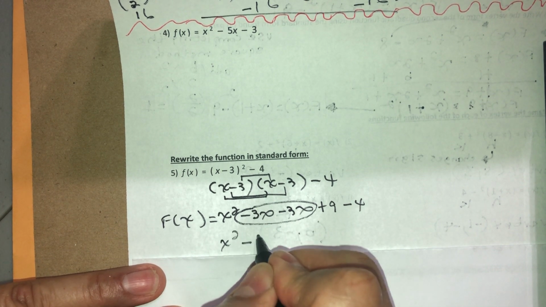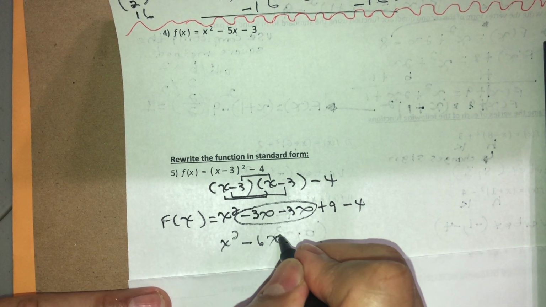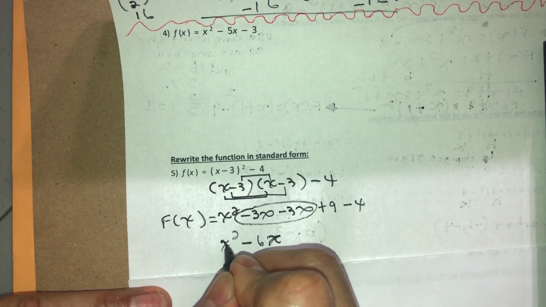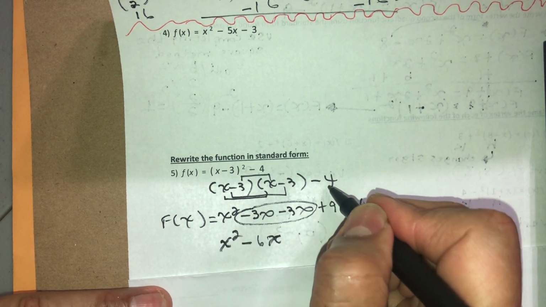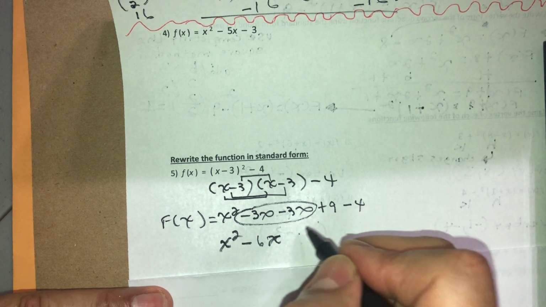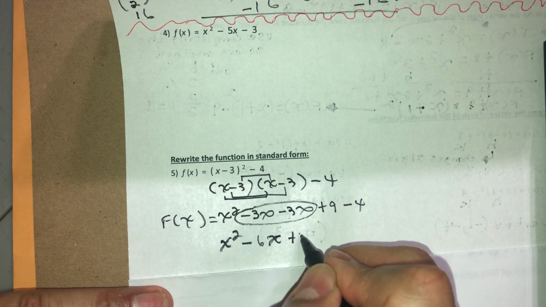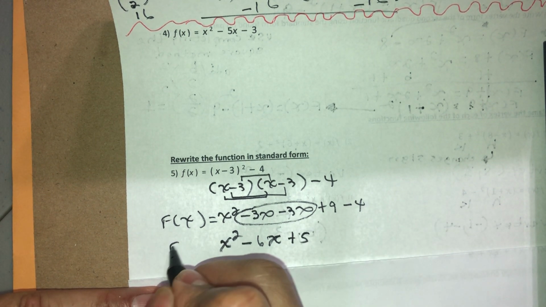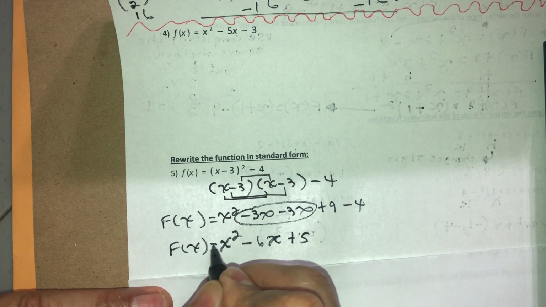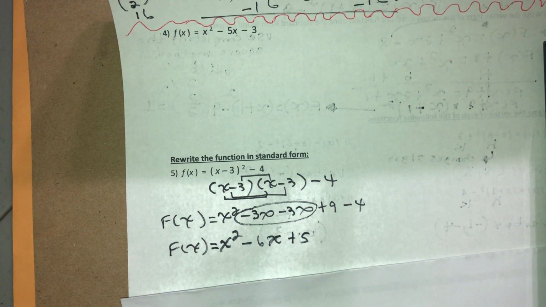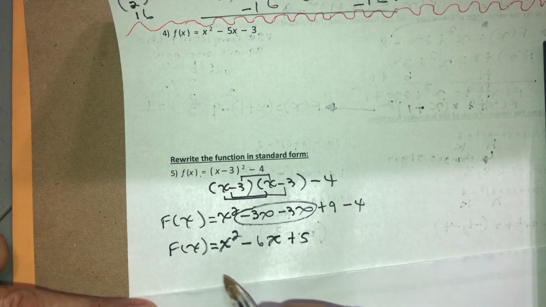X squared minus 6x. Now, in this case, it's not going to be plus 9 as I predicted. Why? Because I have another number that is constant. So in this case, when I combine that, that will give me +5. So that will be your answer for that. So I already converted the vertex form to standard form.